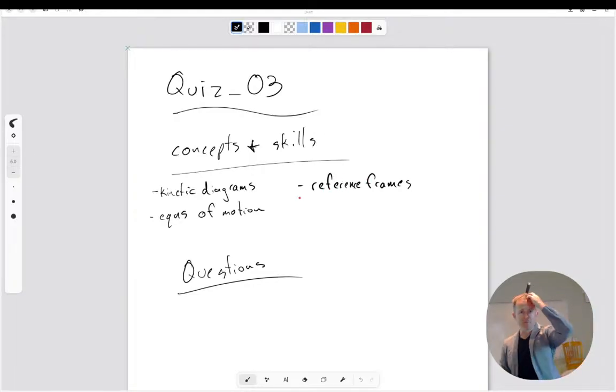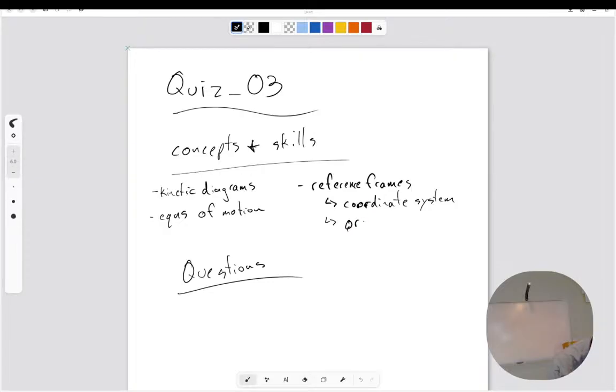Our reference frame. So reference frames could be a whole coordinate system, right? The reference frame is sort of what you are defining as zero, and how you are measuring positions and velocities and all of that. So in here, this is kind of your coordinate system, your origin.